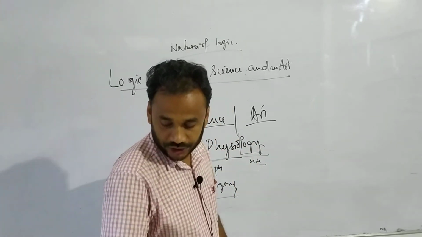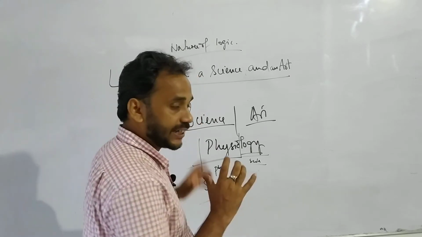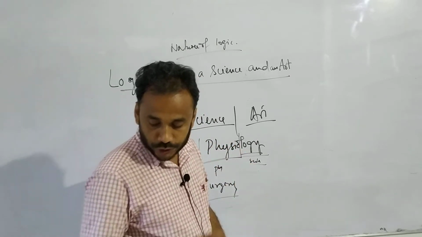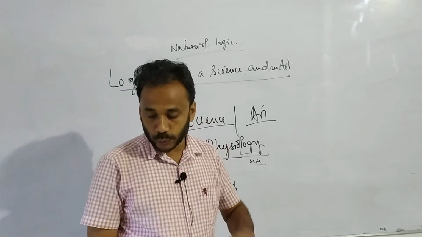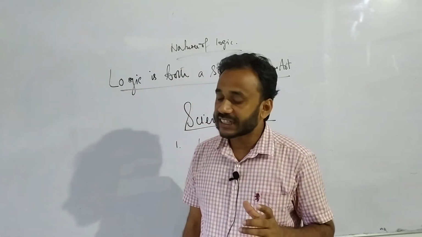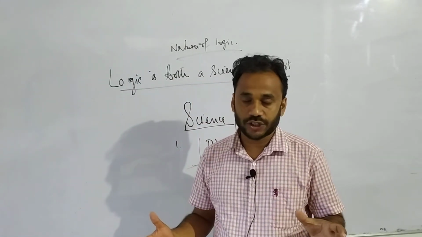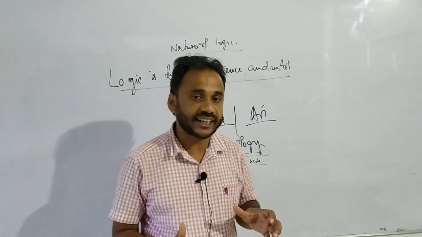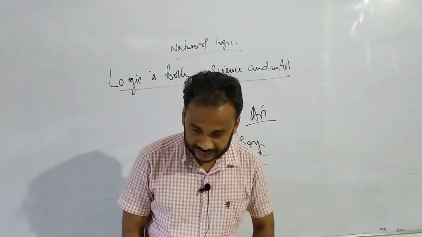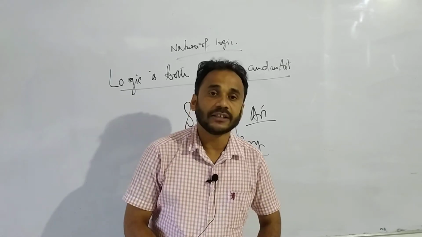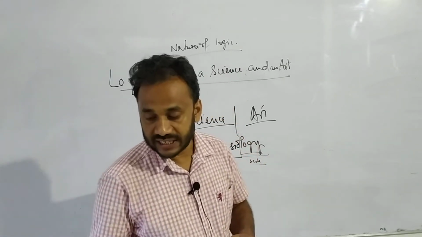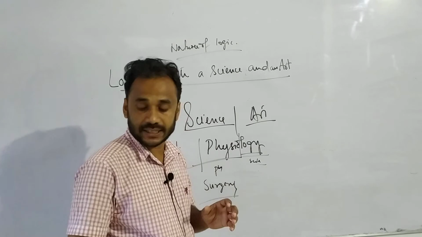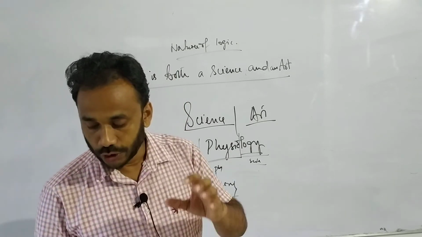So logic consists of a body of scientific knowledge. It teaches us what correct thinking consists in, and how to think correctly. That is, logic lays down certain rules or techniques for the attainment of truth.